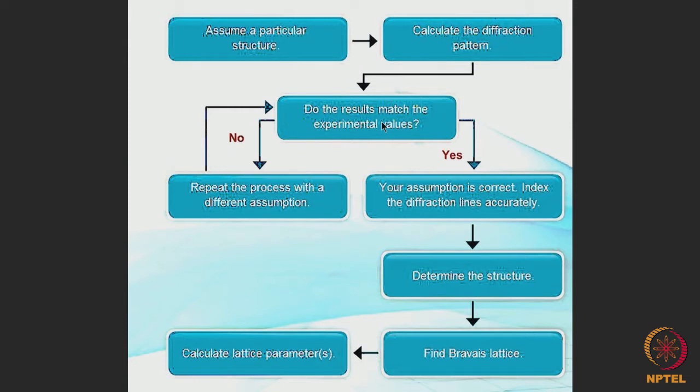If yes, we can be assured that our assumption is correct. Then we start indexing the diffraction lines accurately. From there we determine the crystal structure, find out the Bragg lattice, and then calculate the lattice parameter or parameters.